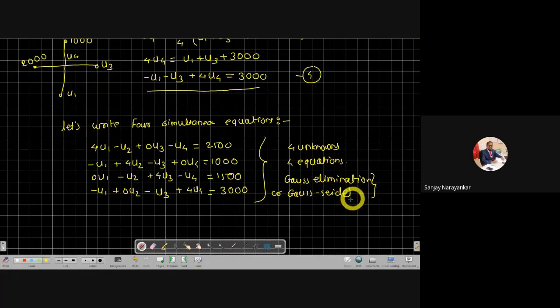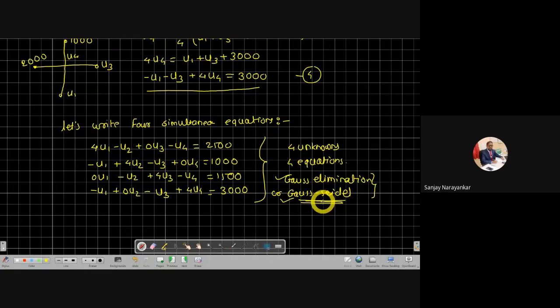Any of these methods you can use. So 4 by 4, you have to solve using Gauss elimination or Gauss-Seidel. But this is my personal opinion: some books use Gauss elimination with partial pivoting. My recommendation is to go for Gauss-Seidel. It's a very easy method.